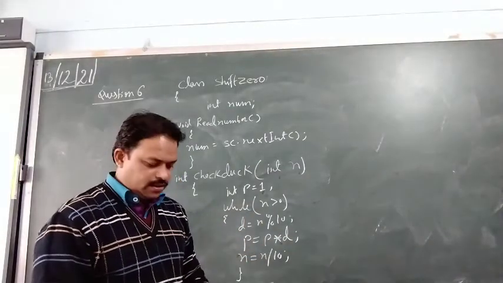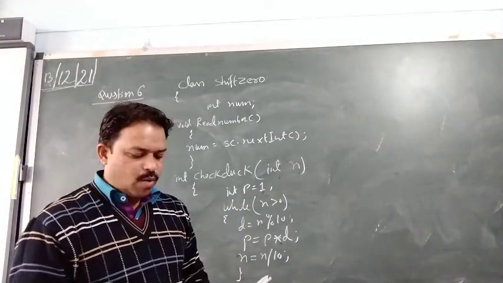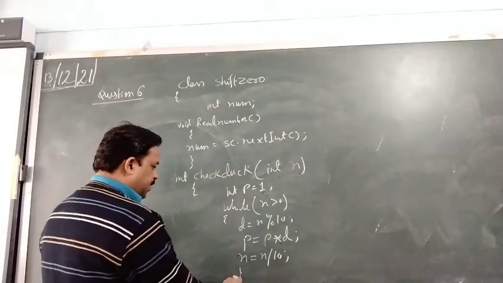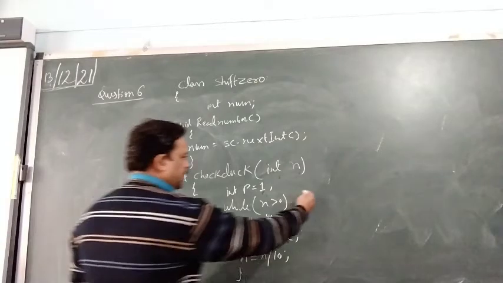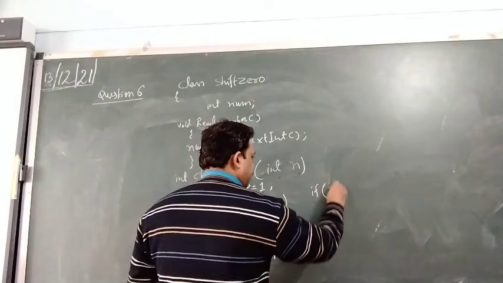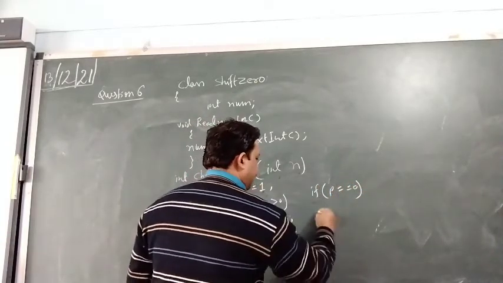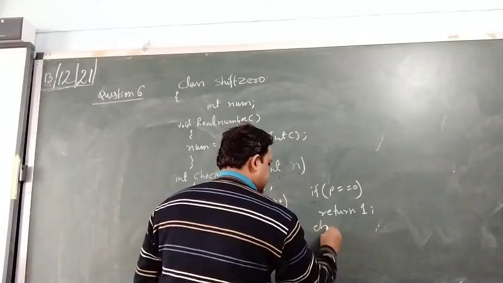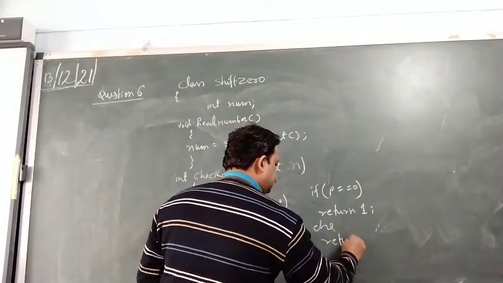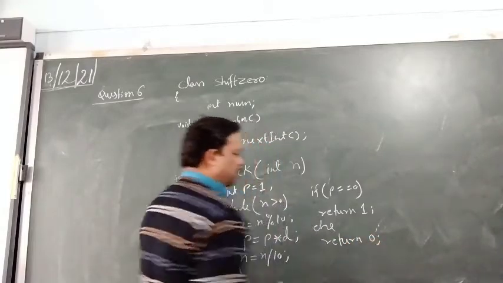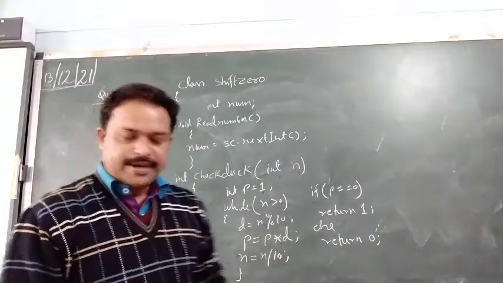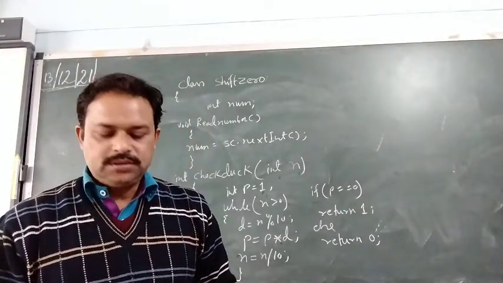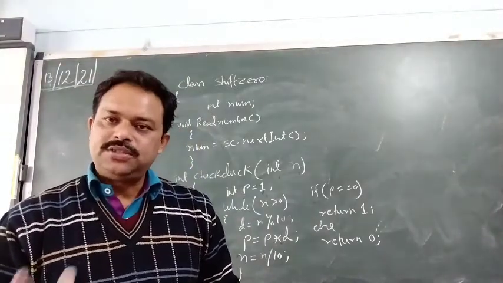Done, multiplication done. It has been said to return 1 when a number is a duck number. So after taking the multiplication of digits, here I am writing: if p equal to 0, then return 1, else return 0. In the question paper it has been mentioned: return 1 when the number is a duck number, otherwise return 0.